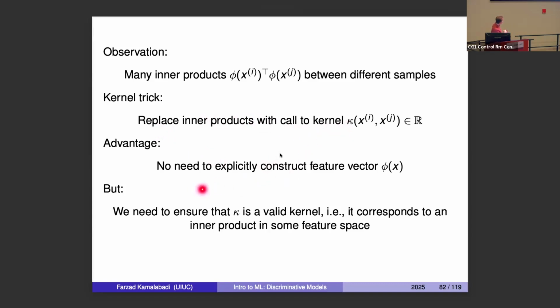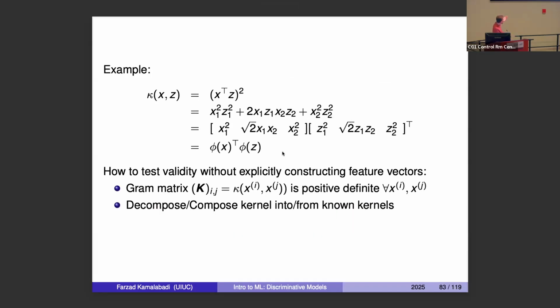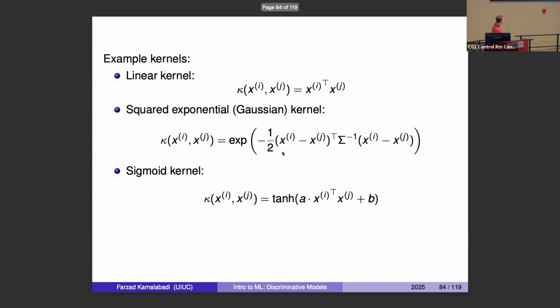The advantage is that we don't need to explicitly construct feature vectors, but we need to ensure that the functions we call are valid kernels. That means that it corresponds to an inner product in some feature space. There are ways of guaranteeing that: you can check for something being a proper inner product. And there are some examples of kernels that one can use.